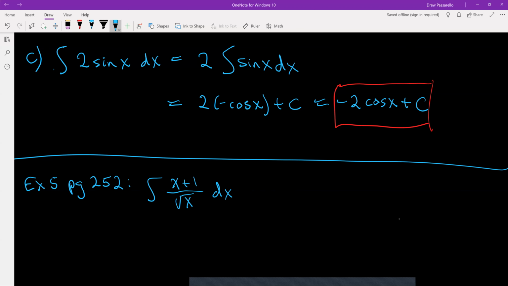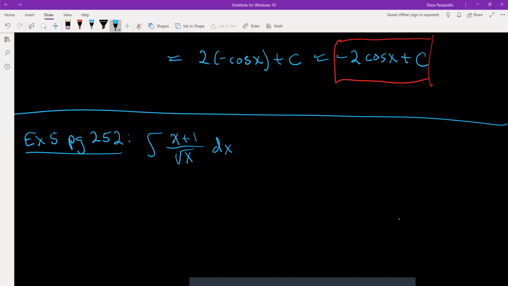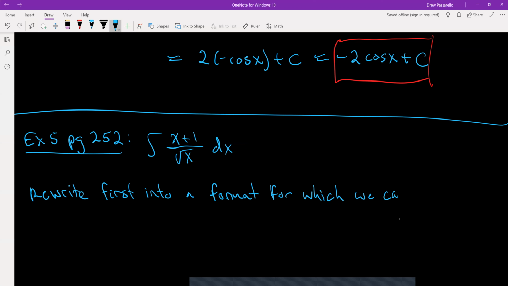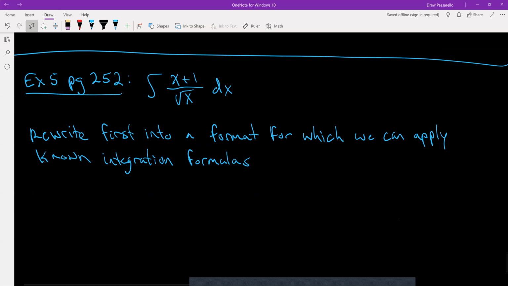I want to be able to use the rules that we know, and what I'm going to do is try rewriting first into a format in which we can apply the new integration rules. So it's just going to be doing some algebra manipulation.